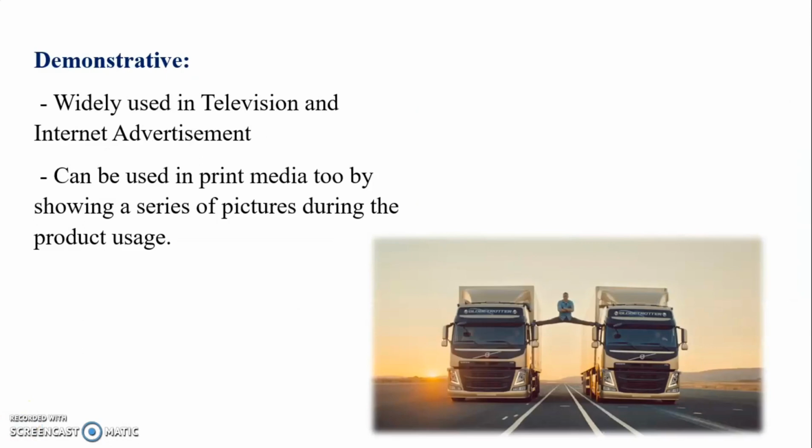So that leads us to talk about an executional framework called demonstrative. This is widely used in television and internet advertisement. In this video, you can see two Volvo trucks claiming that they have the perfect balance of steering wheel, even if they are moving backwards.